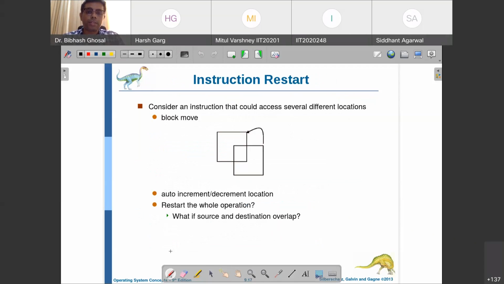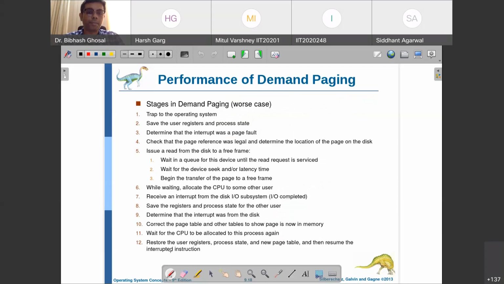That is a pictorial view of the problem. I'll not go much deeper into that. Please go through this. It is just a pictorial view of how the entire demand paging works. It's the worst case.